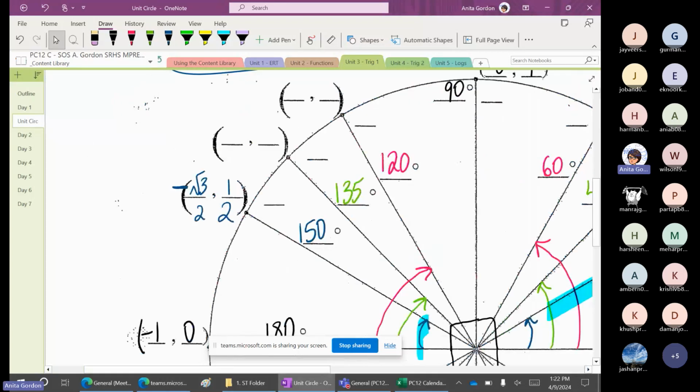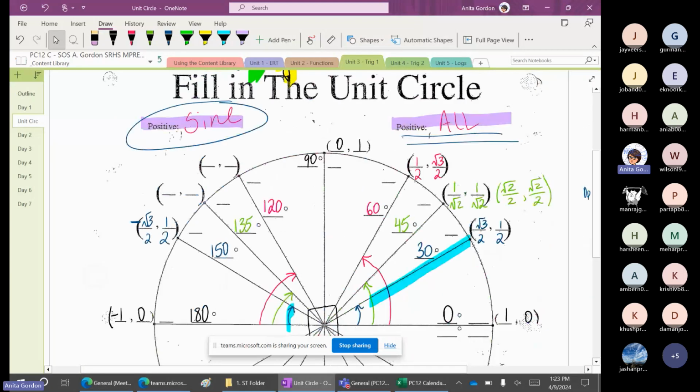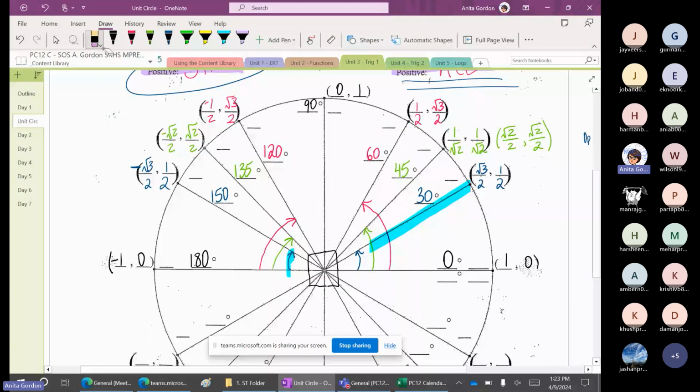And I follow the symmetry. All of these coordinates end up being exactly the same as before: negative root 2 over 2, positive root 2 over 2, negative 1/2, positive root 3 over 2. Again, because of symmetry, because of what we call the bow tie method, look for where these things are the same.